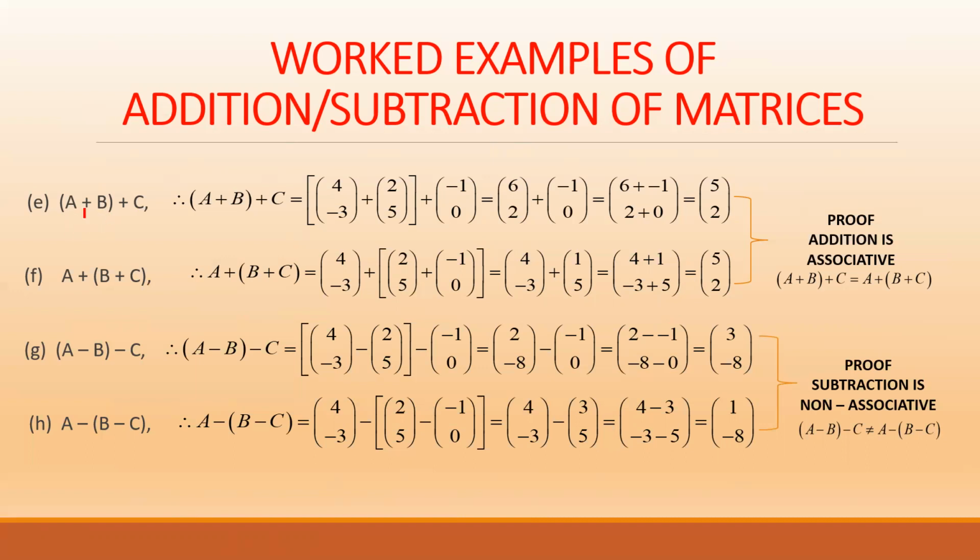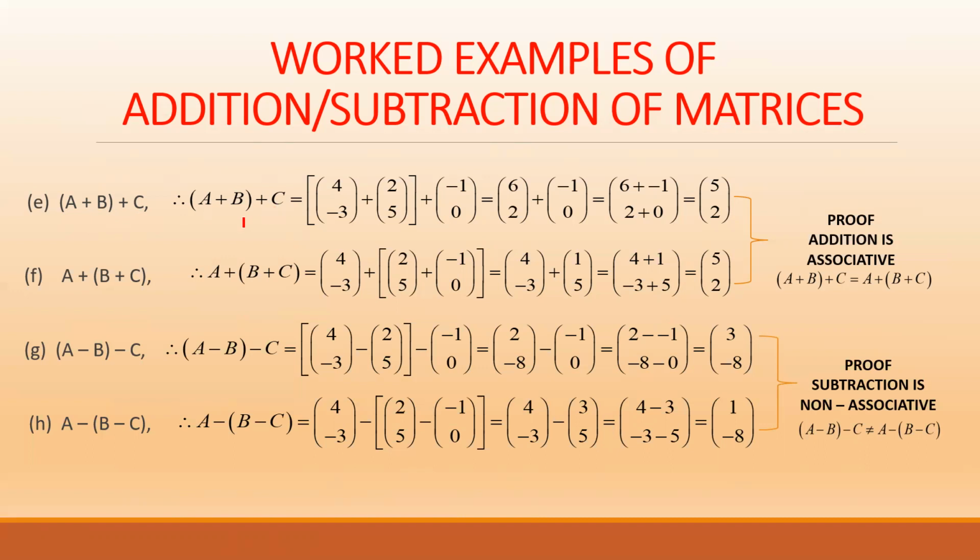So we must add A plus B first. And then when we get our answer, we add it to C. So that's how we are gonna do this, guys, when we're adding 3 matrices, right? We do what is in the bracket, and then after we get that answer, we add it to the other matrix that is to the right. In this case, it would be C.